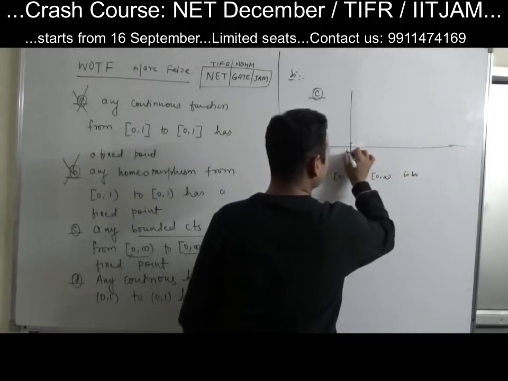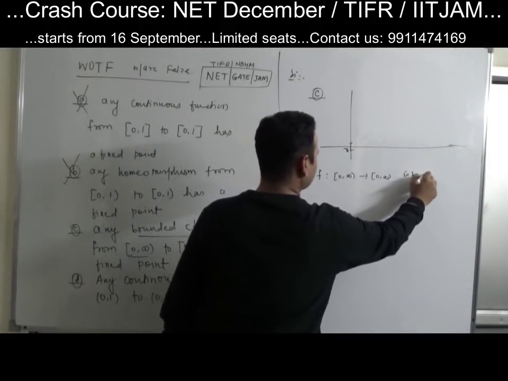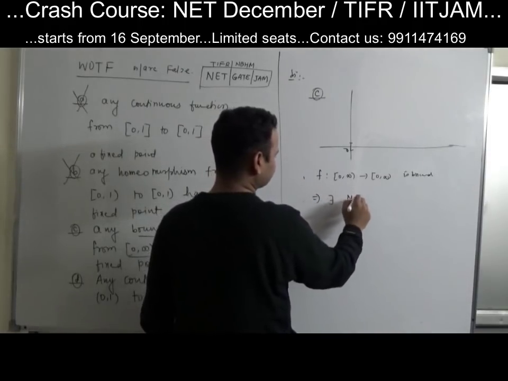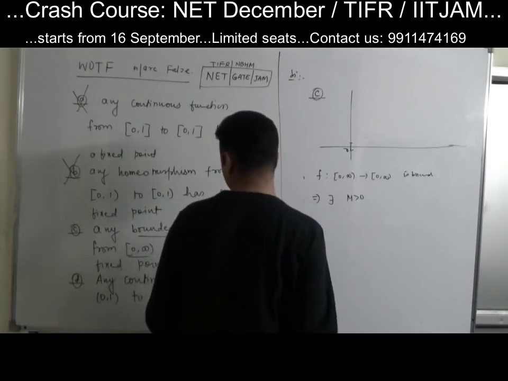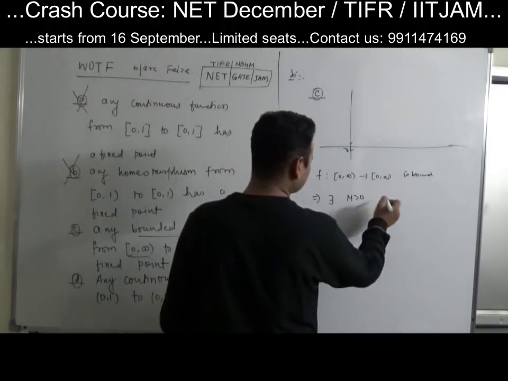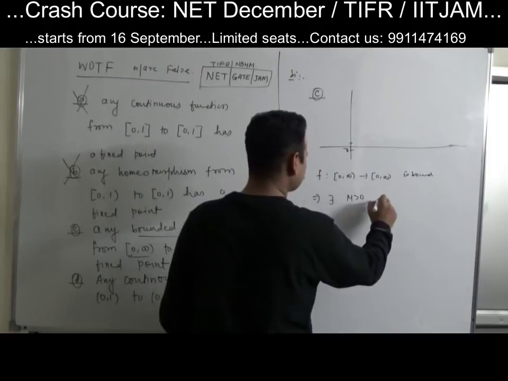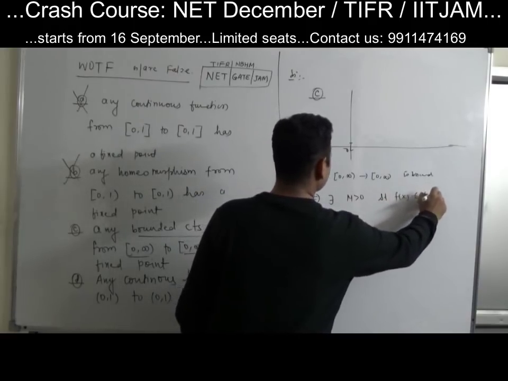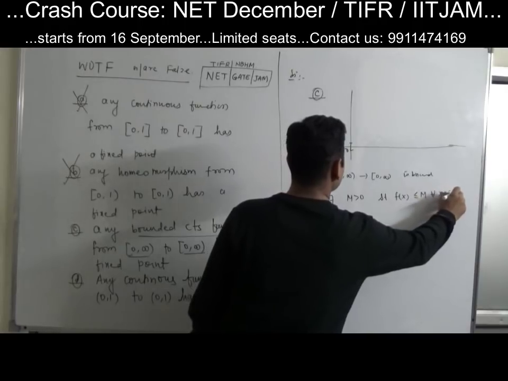Don't write 0 infinity like this. This is bounded. What do you mean by that? That implies there exists an n, positive or whatever, such that f of x is less than or equal to n for all x belonging to [0, infinity).